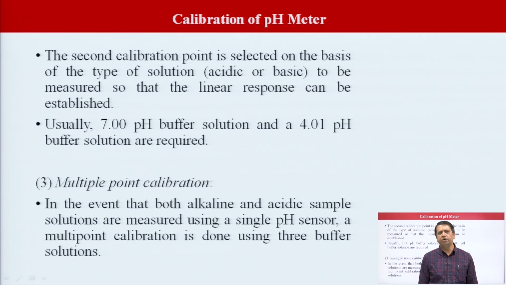Now, the third type of calibration is multiple point calibration. In the event that both alkaline as well as acidic solutions are measured using a single pH sensor, a multiple point calibration is done using 3 buffer solutions.